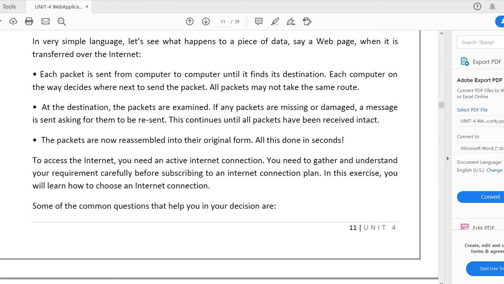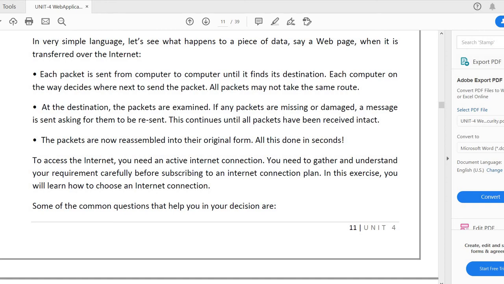At the destination, the packets are examined. If any of the packets are missing or damaged, the destination will send an acknowledgement back to the center. That means the center will have to send the missing or damaged data again to the destination. And at the destination, all the packets are reassembled into their original form.